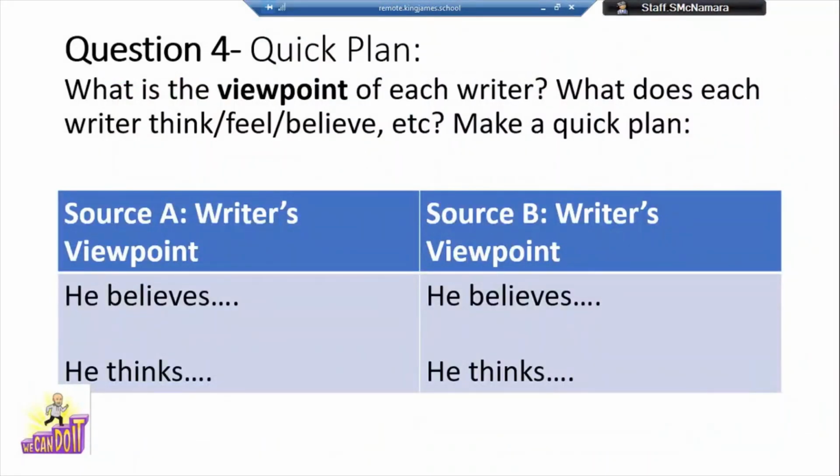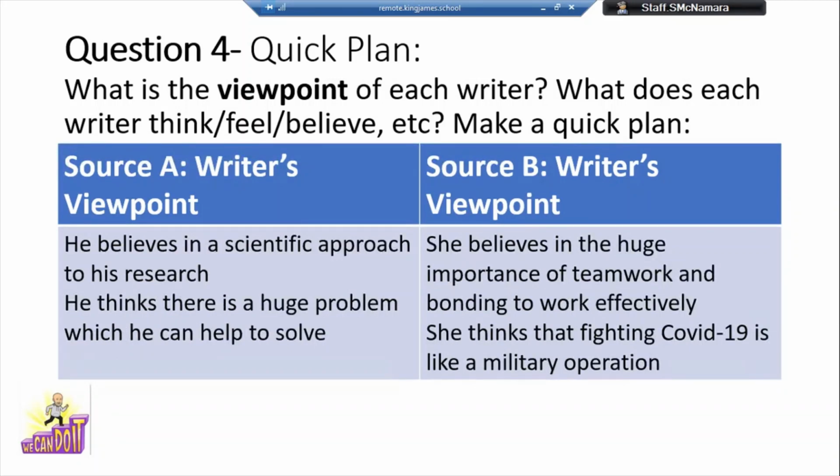So I think it's really useful before you start writing your response to do a quick plan. So if I were to make a comparison between these two texts about their viewpoint, this would be it. The viewpoint of writer A is very much a scientific approach to research. He thinks there's a problem that he wants to solve. He sees it as a challenge in that respect.